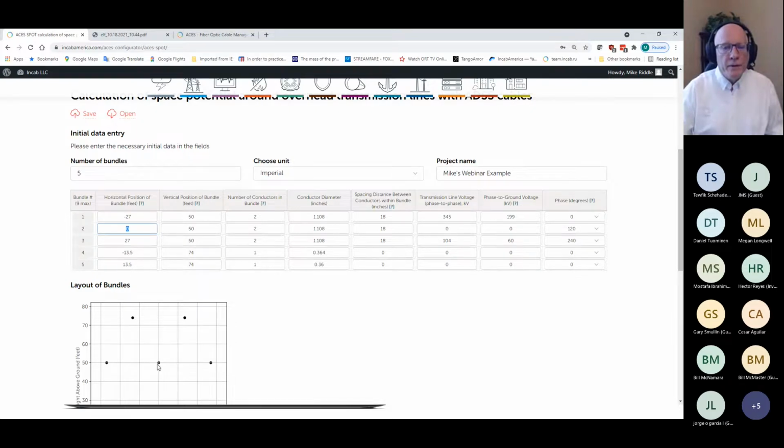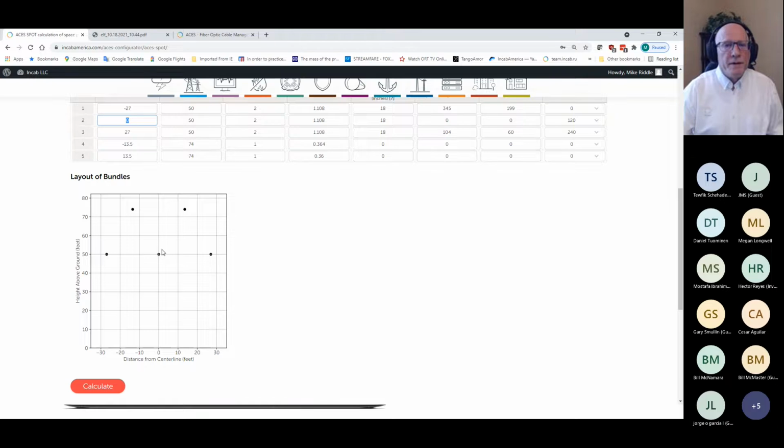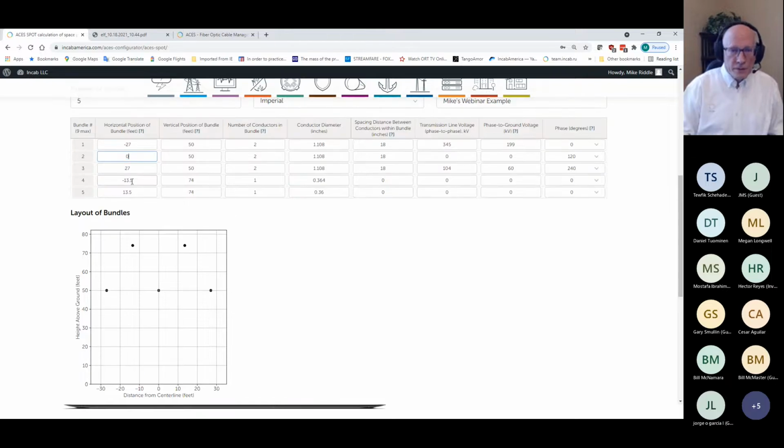So the next bundle was on our hypothetical center line, so the horizontal position is 0, vertically 50 feet again, two conductors, 1.108, spaced at 18 inches, 345 kV, and phase 120. Now I'm at the C conductor, which is over here. So that's 27 positive.